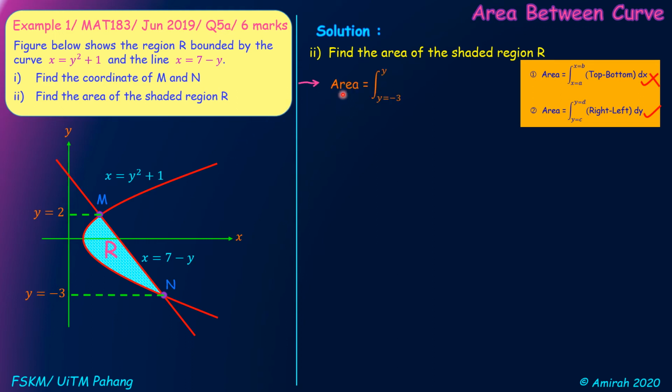So area equals the integration from c to d. c here means the lower limit, so y equals negative 3, and d means the upper limit, so y equals 2. Then right function minus left function, and we integrate with respect to y.